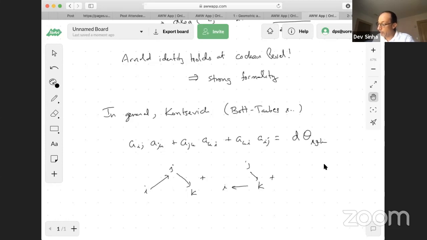And now this is at the cochain level. Well, that ends up being, in a sense, d of something where I'm going to take ijk. I'm going to have some external vertex that I'm not going to bother to label. Let's see. I'm going to change the arrows because I want to be able to contract.